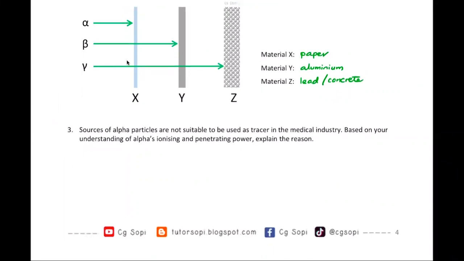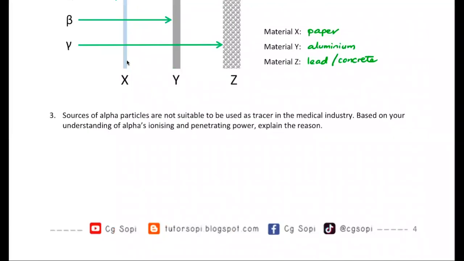Sources of alpha particles are not suitable to be used as tracer in the medical industry. Based on your understanding of alpha's ionizing and penetrating power, explain the reason. Now, why is that? Why is it not suitable? Okay, in terms of ionizing power, alpha particle is high.